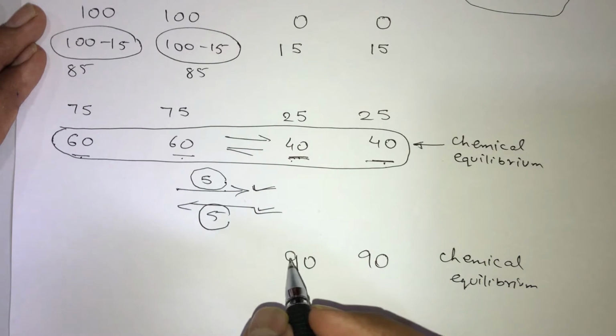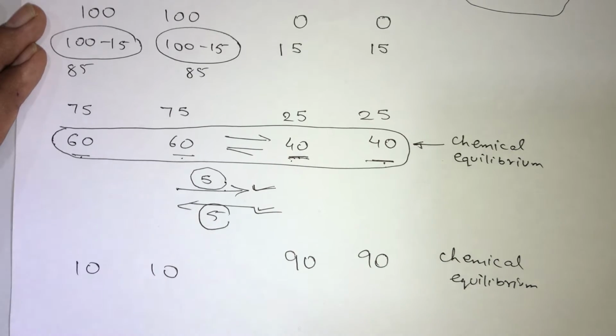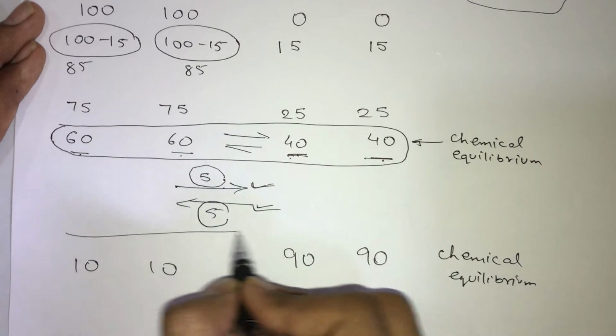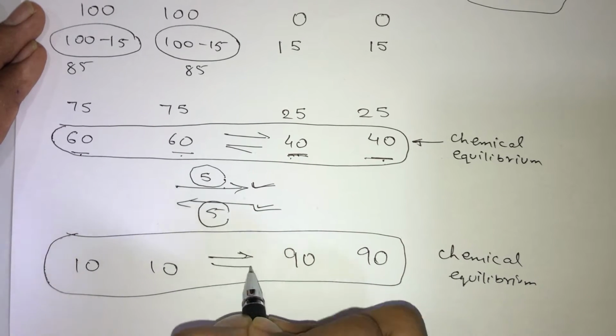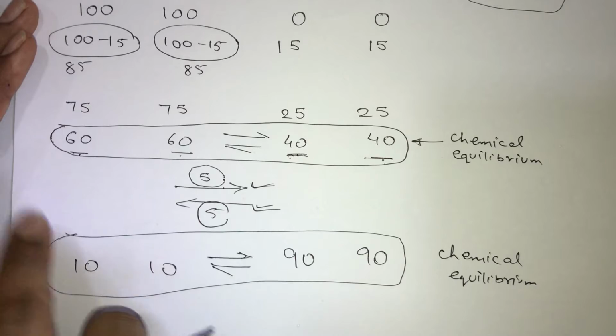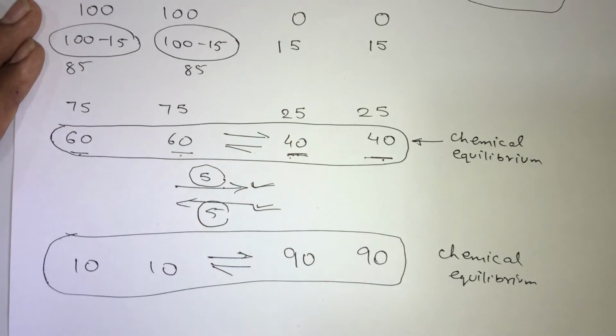Okay, so if you are having 90 moles of C and D, then it is obvious you will be having 10 moles of A and B respectively. So you expect the chemical equilibrium to happen at this condition, but you are getting the chemical equilibrium at this condition where you are having only 40 moles of products.